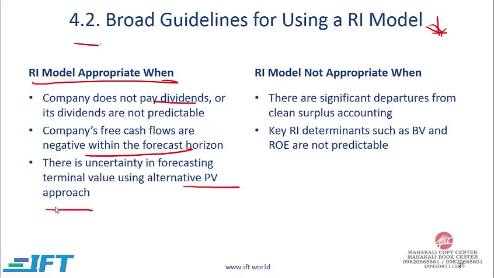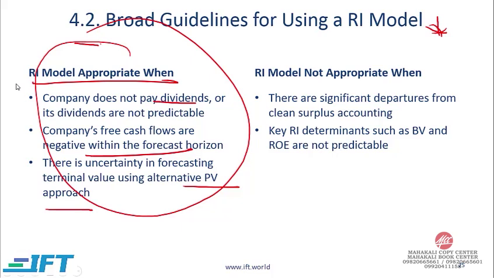So you use the residual income model in these circumstances. When do you not use this model? If there are significant departures from clean surplus accounting. Why do we say significant departures? Because if there are a few minor departures, then we can adjust. And if the key determinants such as book value and ROE are not easily predictable, then obviously this model does not work.